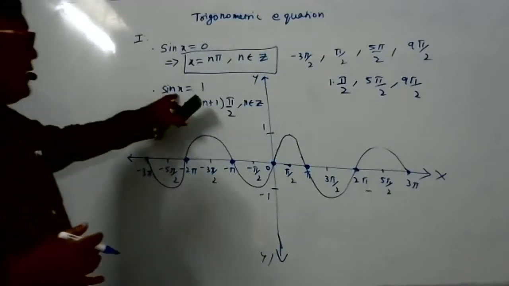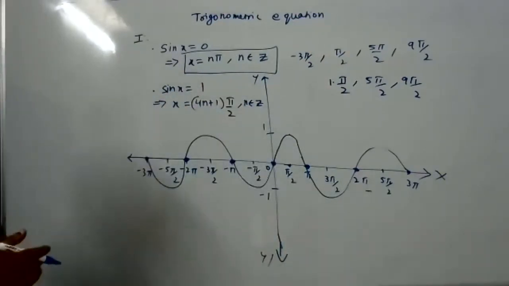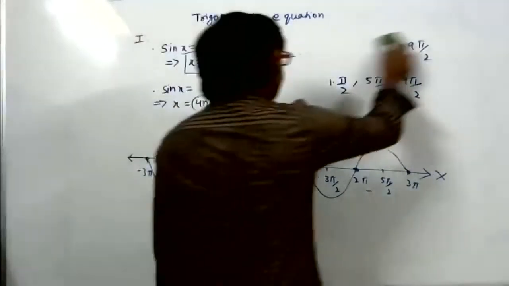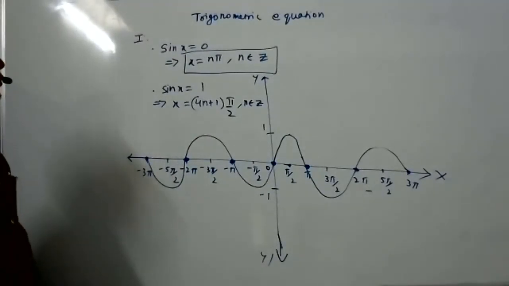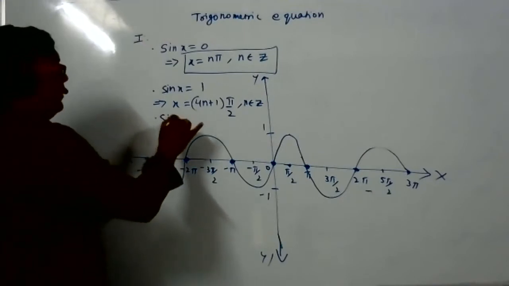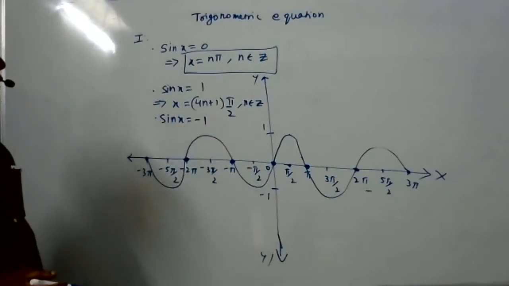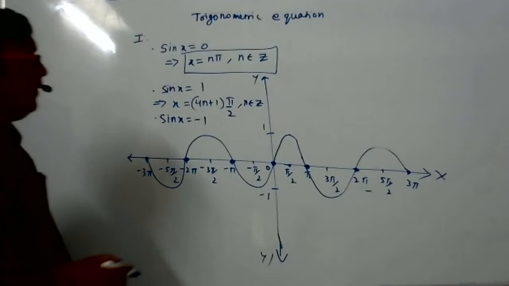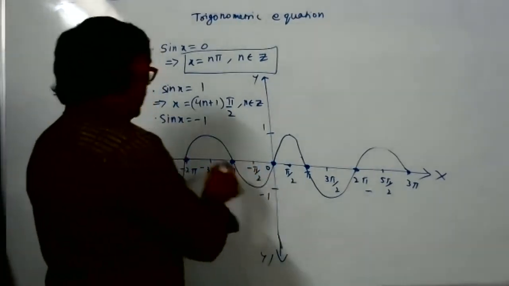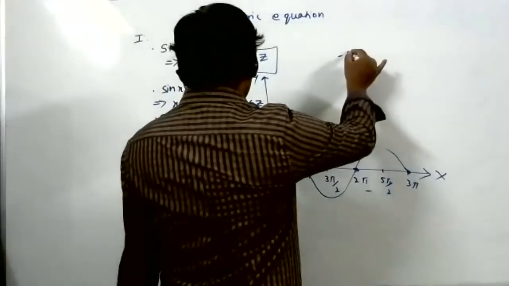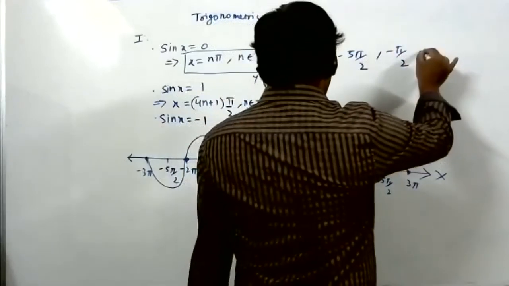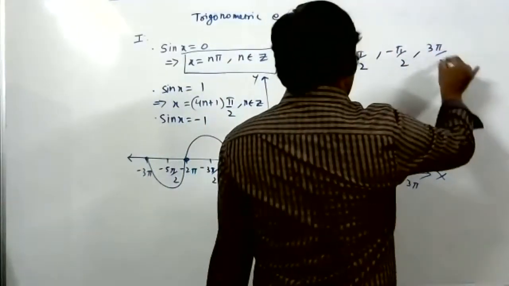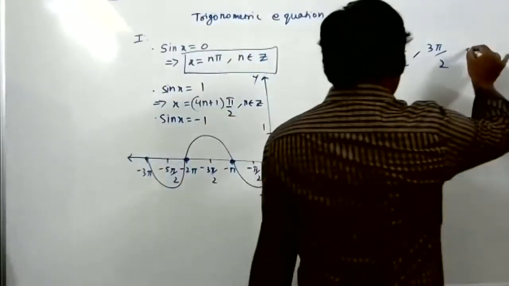Write down: sin x is 1 means x is 4n plus 1 pi by 2. Is it over? Next is sin x is minus 1. Where is sin x becoming minus 1, student? At minus 5 pi by 2, minus pi by 2, 3 pi by 2, then 7 pi by 2.